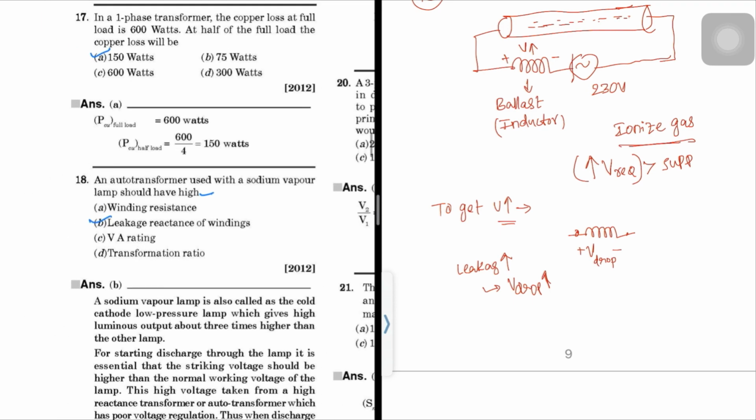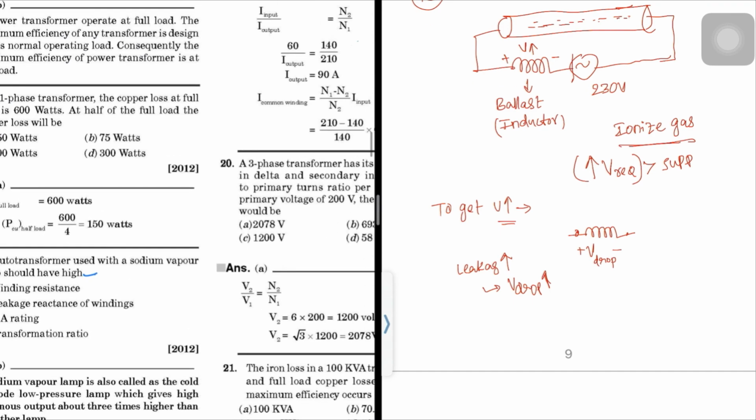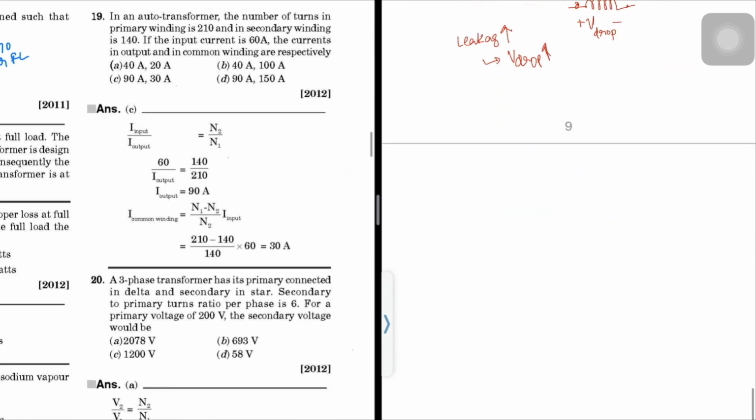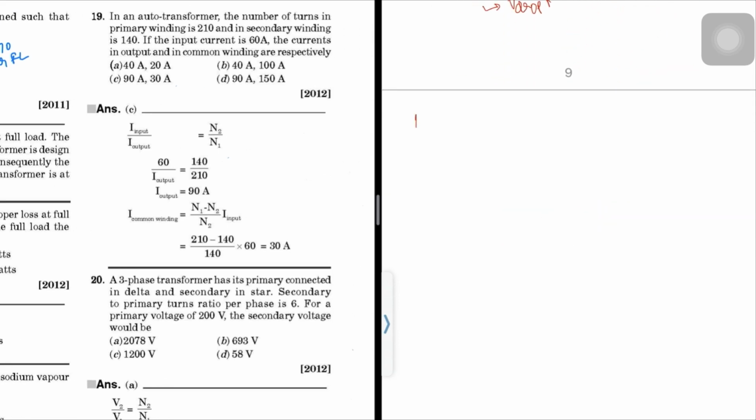Coming to the 19th question. Here they have given the number of turns of the auto transformer. Let me draw the auto transformer. The primary turns is 210 and the secondary turns is 140, and the input current is 60 amperes.